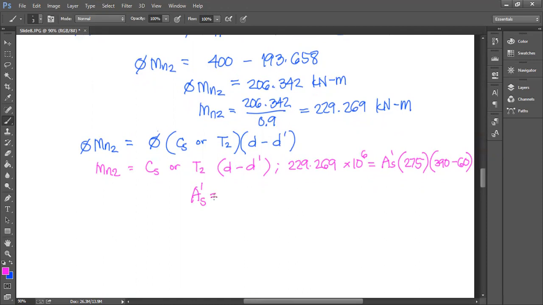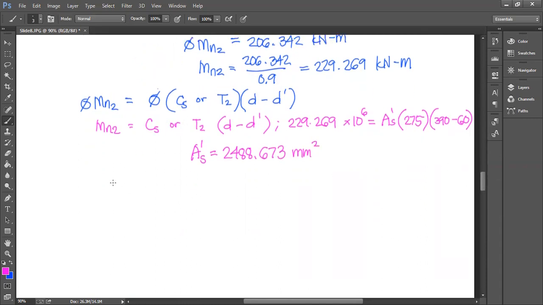So, in this case, A prime S is equal to 229.269 times 10 raised to 6 divided by 275 multiplied by 395 minus 60. Ang A prime S natin is equal to 2488.673 square millimeters.